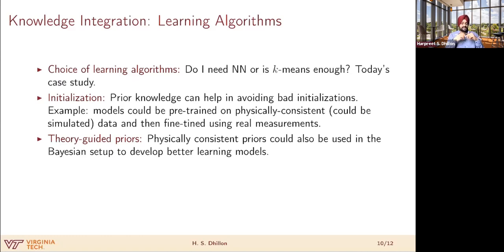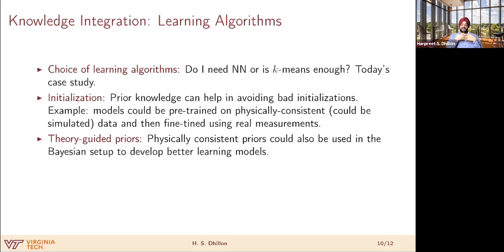You could use theory-guided priors. Irrespective of what domain you work on, you can make sense of this bullet point quite easily. From theory, you can have a certain belief about your solution, and you can put that belief into a prior, and then use a Bayesian setup to develop a better learning model.